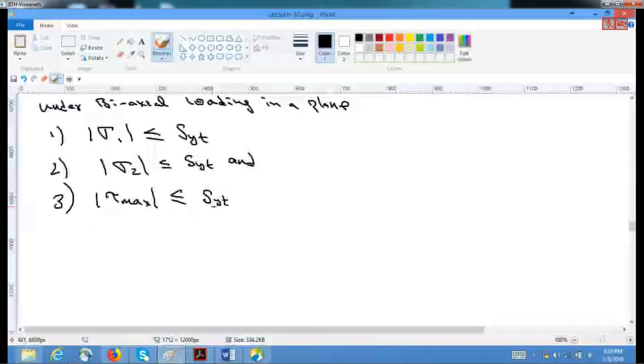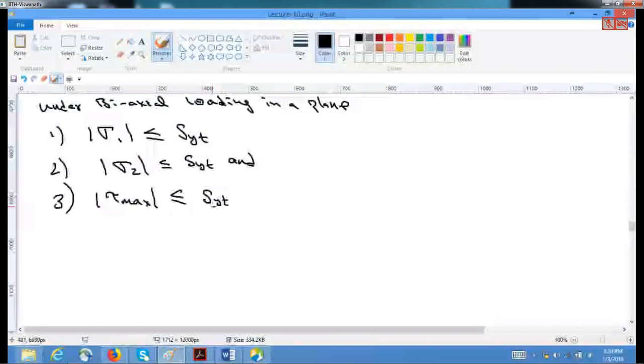If it is in the positive side, this would be your sigma 1. The first two criteria say these two are in the positive side and the negative side, positive and another negative. In such kind of a scenario, your shear stress is ruling it. In those cases, you will have this as the criteria.